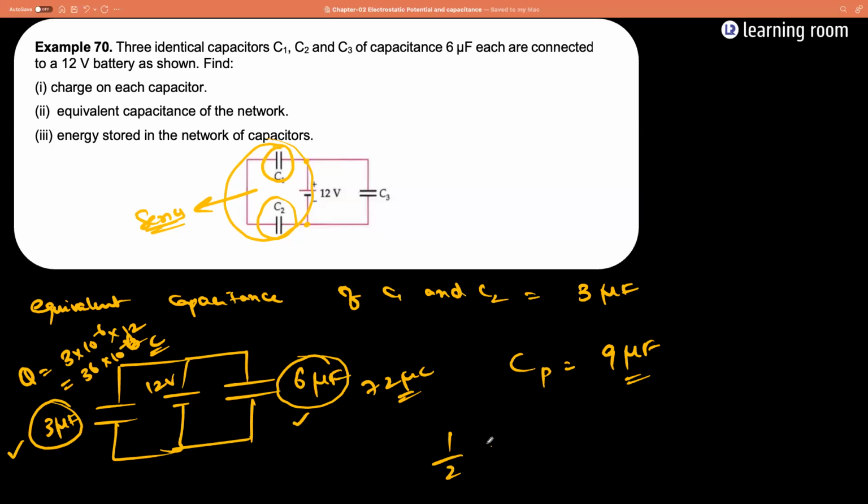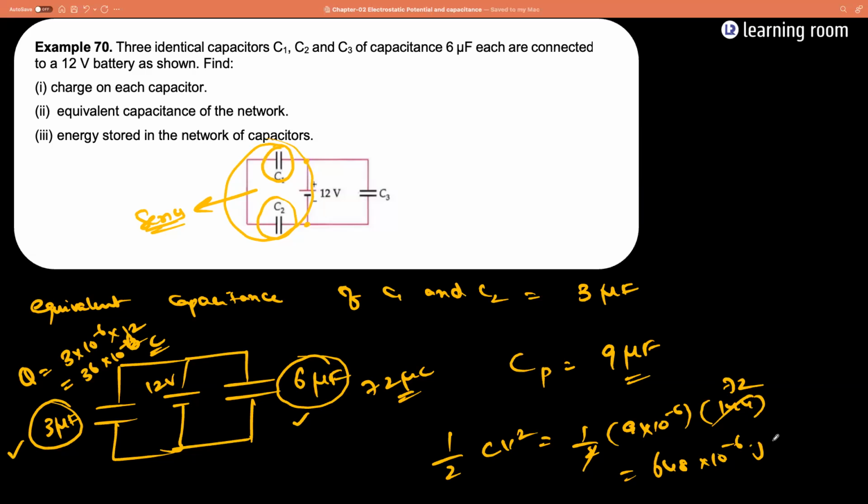The energy will be half CV square, half into the equivalent capacitance of the network, 9 into 10 power minus 6 into V square, 144. So it is 72. What is 72 into 9? 648 into 10 power minus 6 joule is the answer, or microjoule, whatever you call it.